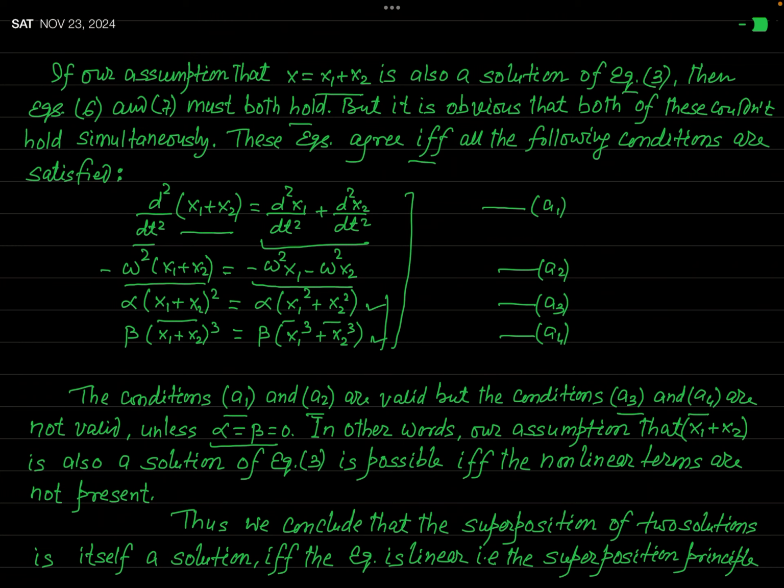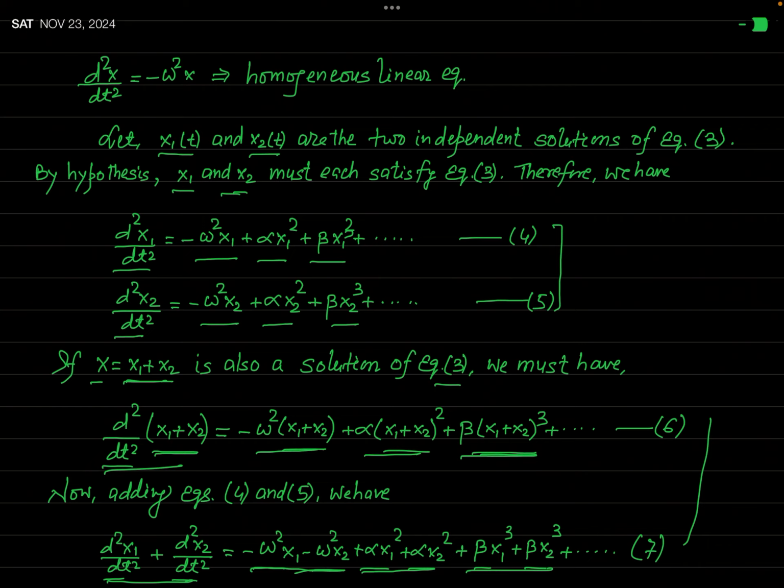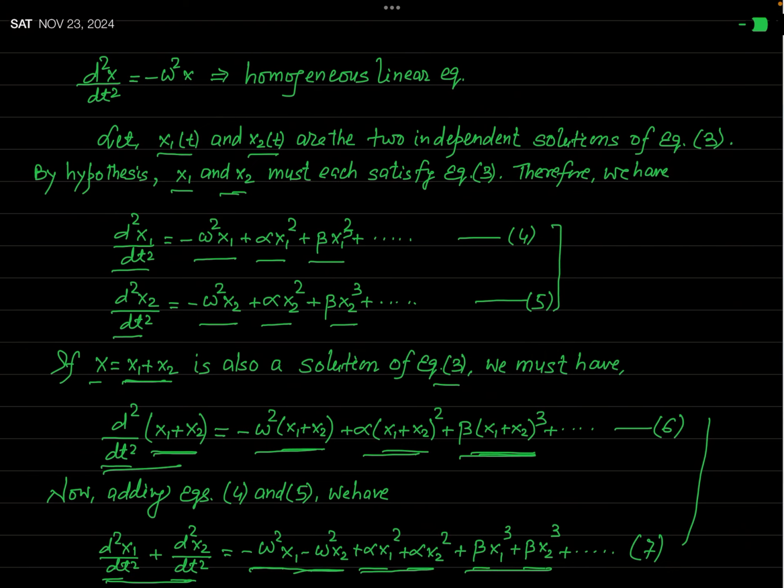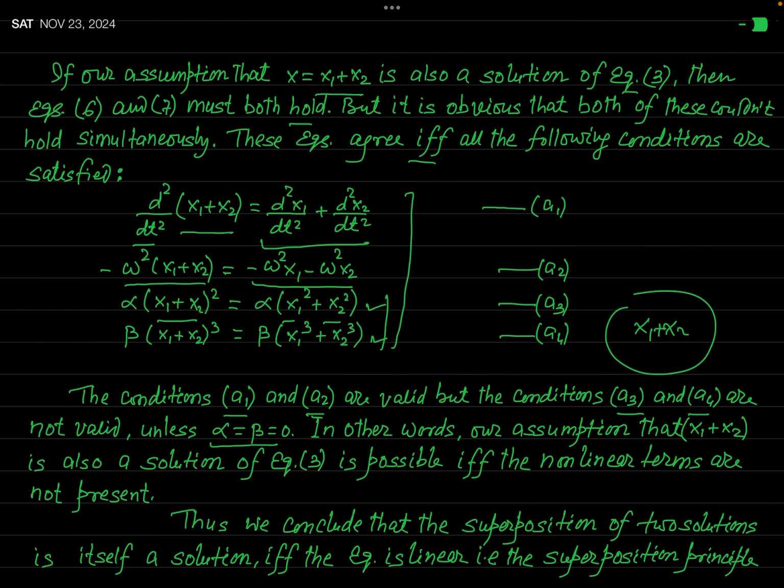In other words, our assumption that x1 plus x2 is a solution of equation 3 which you have seen here can be realized if and only if the non-linear terms, that is those with constants alpha and beta etc., are absent.